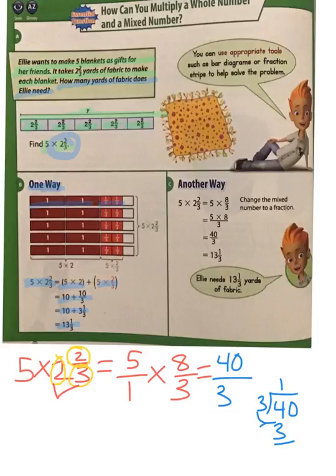I'm going to subtract and bring down my 0. And I know 3 goes into 10 3 times. 3 times 3 is 9. I'm going to subtract and get a remainder of 1. So 13 and 1 over our denominator, 3. 13 1/3, which is the same answer that is right here.